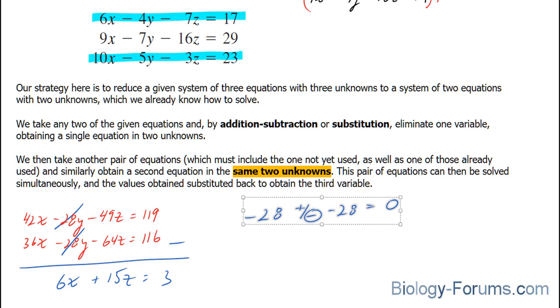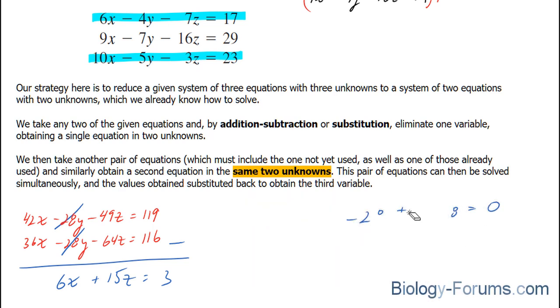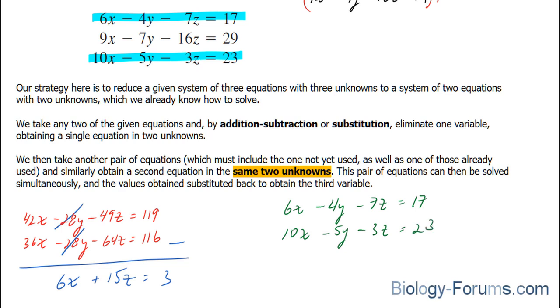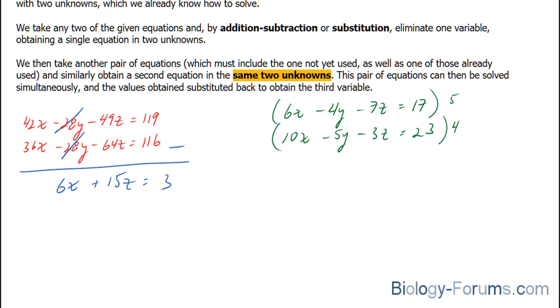And we will delete this. 6x minus 4y minus 7z is equal to 17. 10x minus 5y minus 3z is equal to 23. We'll multiply this whole thing by 5 and multiply this whole thing by 4.